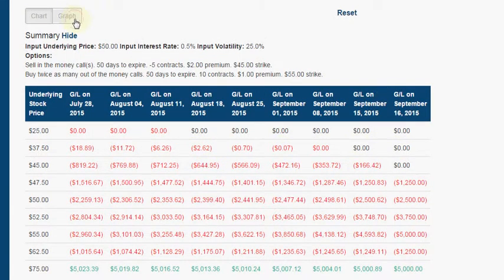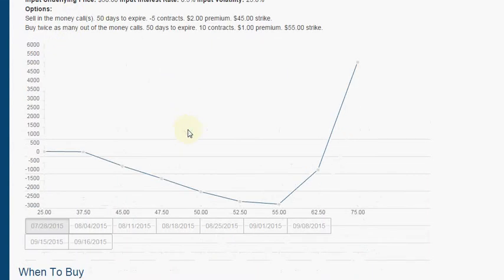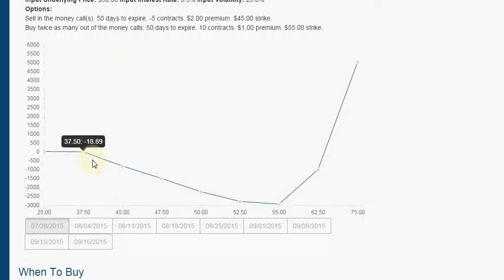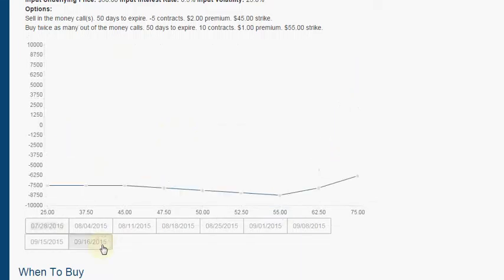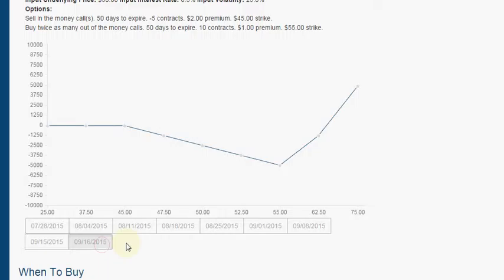And if I can show you the graph and how that looks, this is going to be 50 days out. You see that kind of straightens up a little at expiration. When you go down, you're not losing anything.